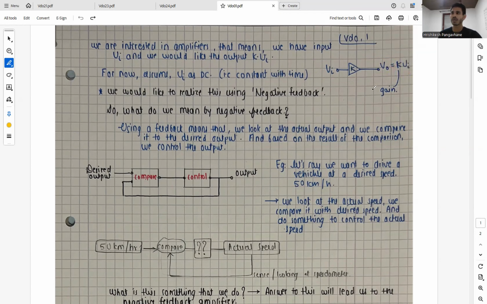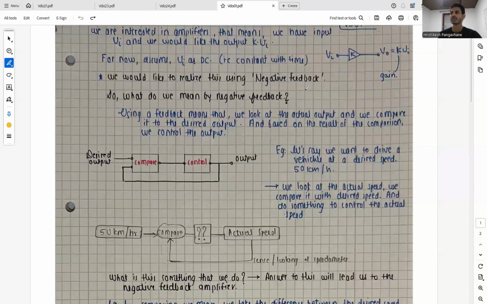So as of now, let's assume that our input voltage is a DC voltage, meaning that it is constant with time, and we would like to realize this using a negative feedback. So what do we mean by negative feedback? Using a feedback means that we look at an actual output at that very moment, and we compare it to the desired output.